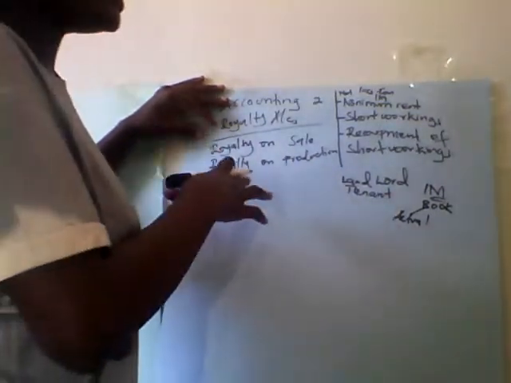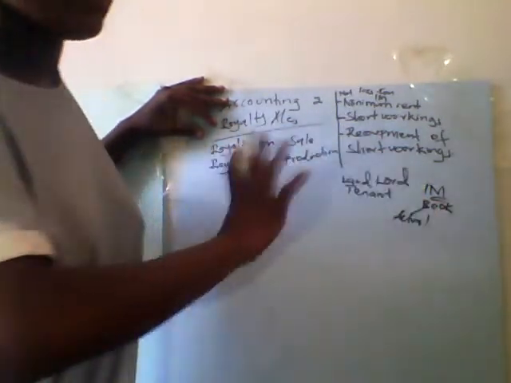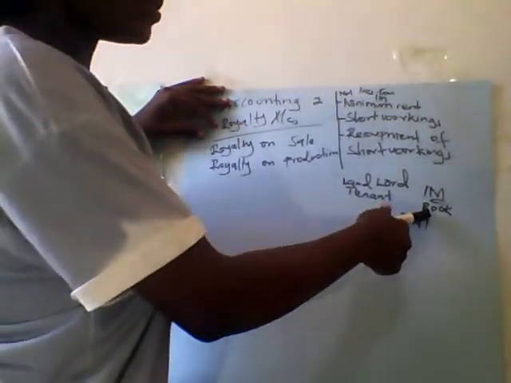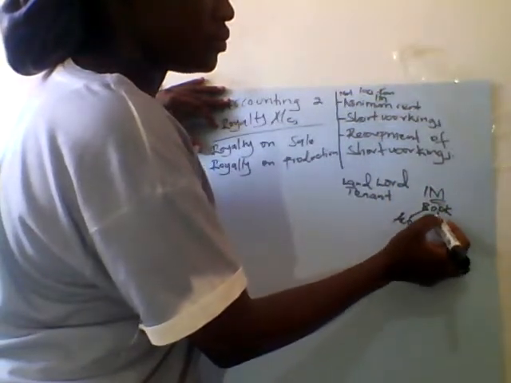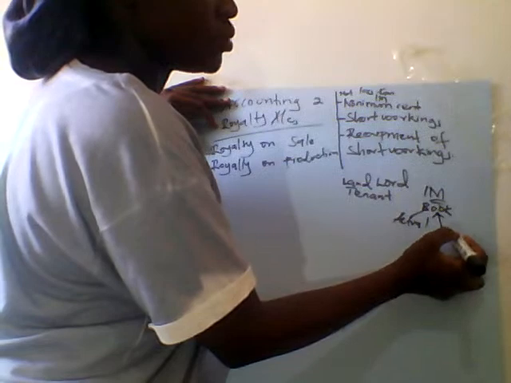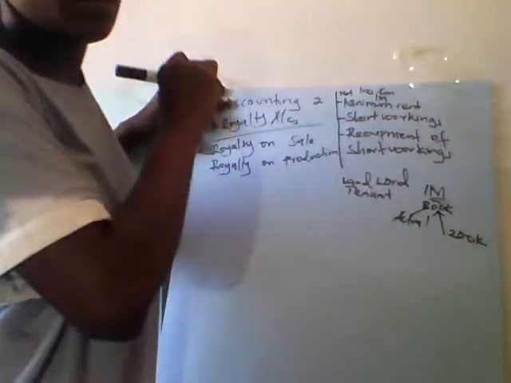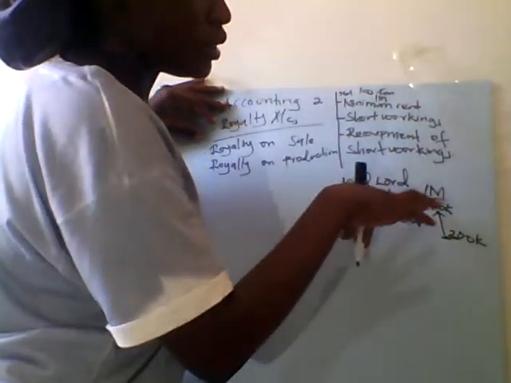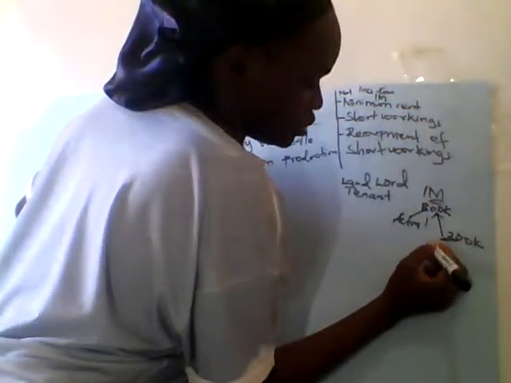But the landlord told you that you cannot give him or her money that is less than 1M. So you are supposed to top up on the 800K. You top up the 200K to make 1M, which is the minimum rent. So this 200K that you top up on the actual royalty is what we call the short working.